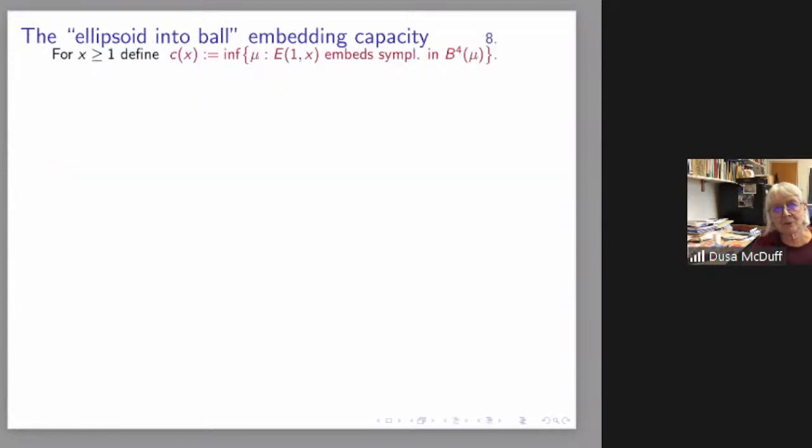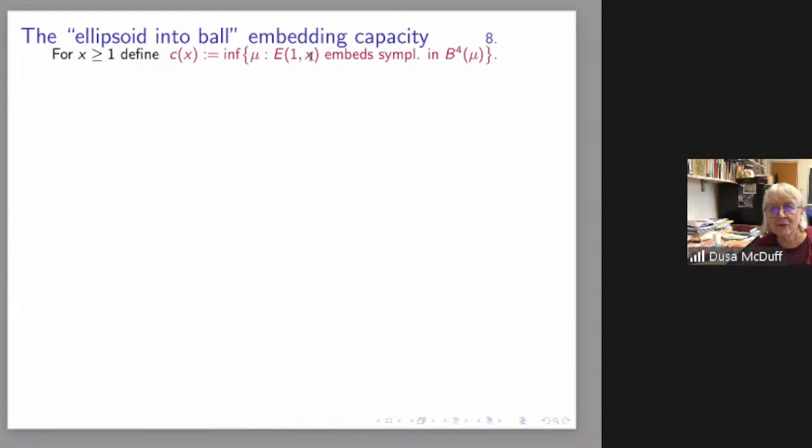Now, what I did with Schlenk was look at what this means if you try and figure out when an ellipsoid embeds into a ball. So this is the sort of easiest kind of this problem. You define a function called the capacity function, c(x), which is defined as the infimum of the size of a ball into which the ellipsoid E(1,x) embeds.